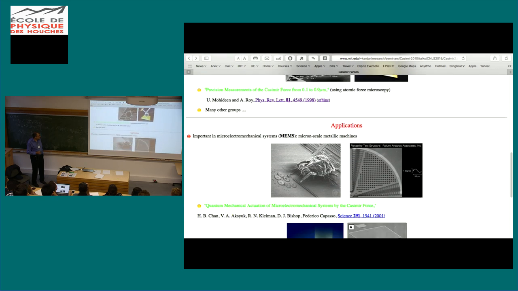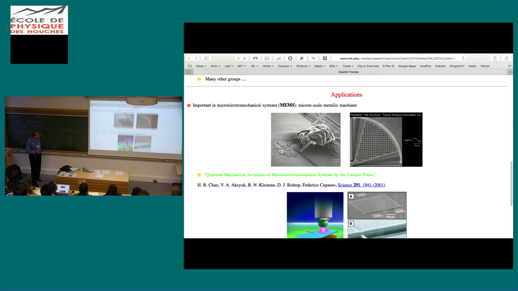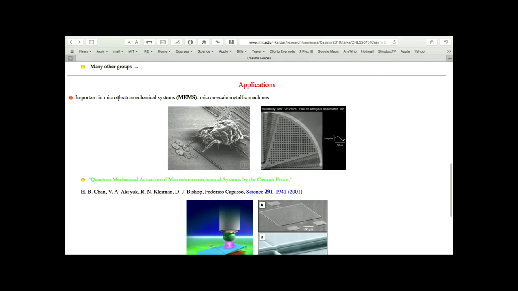Now, later on, people were thinking about applications of this to technological things. In particular, there is the term microelectromechanical systems, which by definition are at the level of microns. They are dealing with conductors, and they want to move them around, so they are going to be subject to these forces.